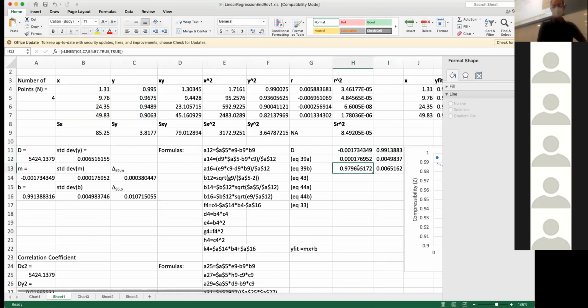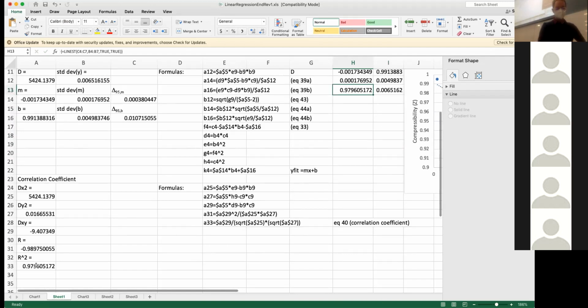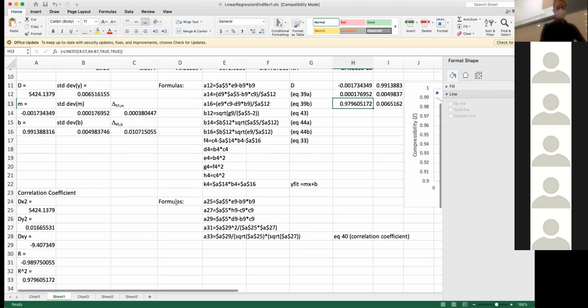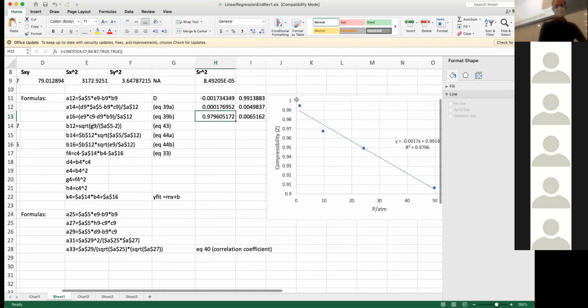And then this next value down here is the R squared value, which should match this number here. So if you don't want to go through all these calculations, like is shown in the spreadsheet, you can use this LINEST command. Okay, any questions? Yeah, I should mention, I'm not aware of a way in Excel to immediately get the 95% confidence intervals.